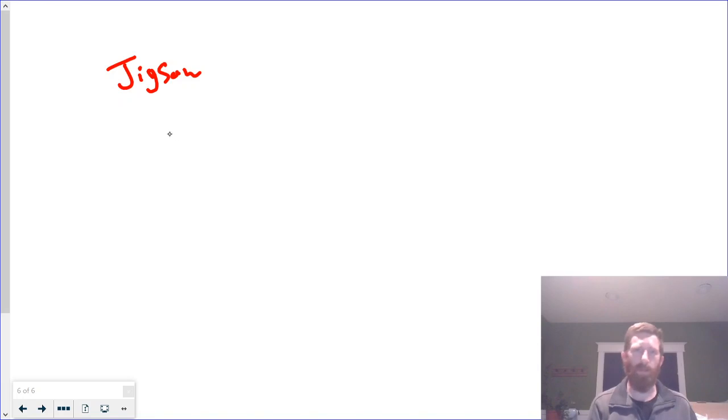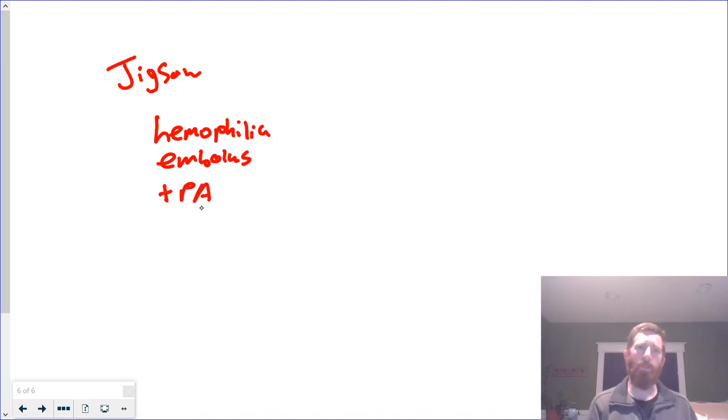So our homeostatic imbalances that we're going to talk about, of course, we have to talk about hemophilia, right? We're going to talk about embolisms. So embolus, we're going to talk about a factor called TPA, tissue plasminogen activator, right?